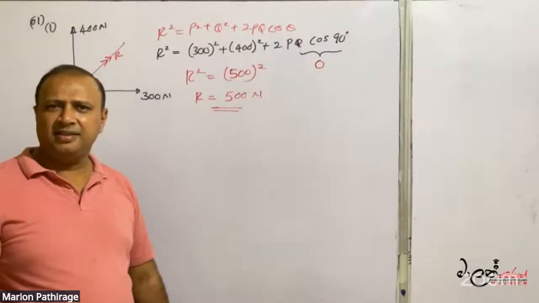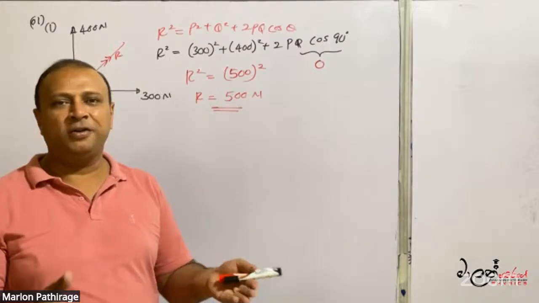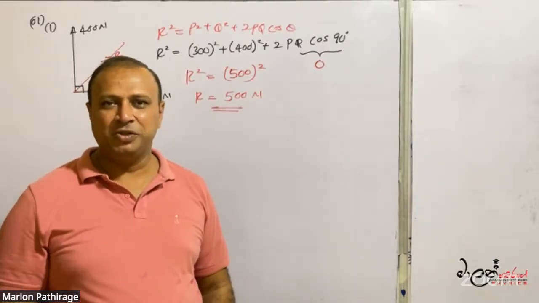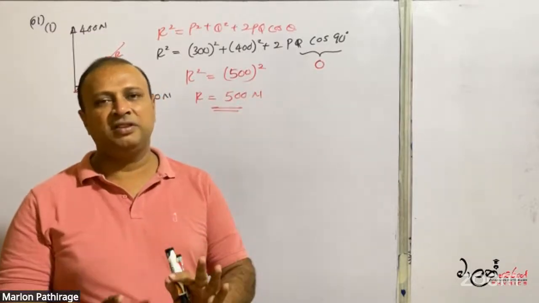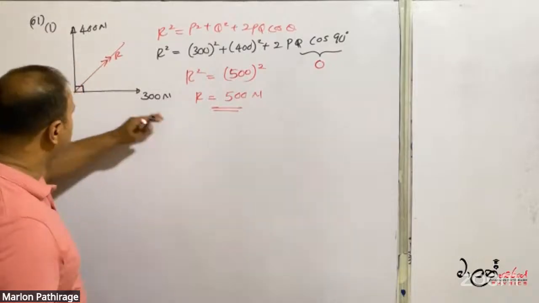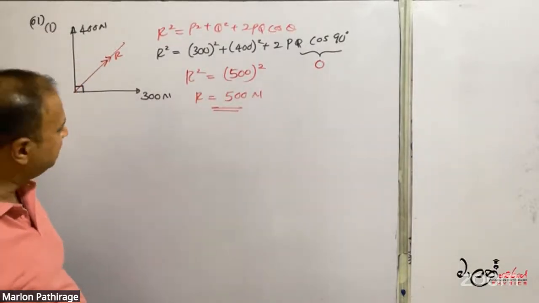Other way also, yes, it is okay. Do not worry about that, because you are not given the exact direction of 300 and 400. You are given the angle between 300 and 400 is 90. That's all. Therefore, you can interchange.